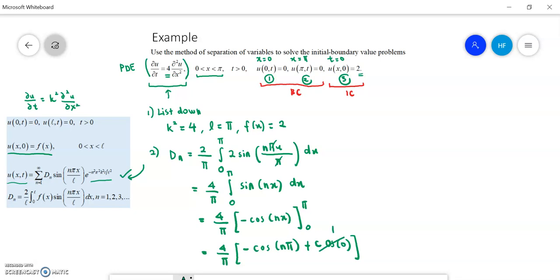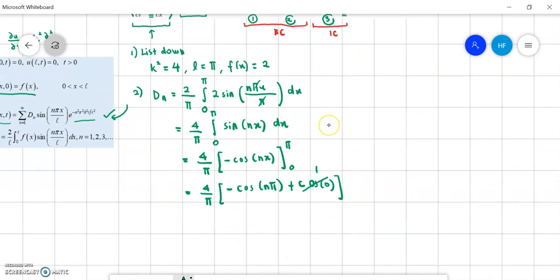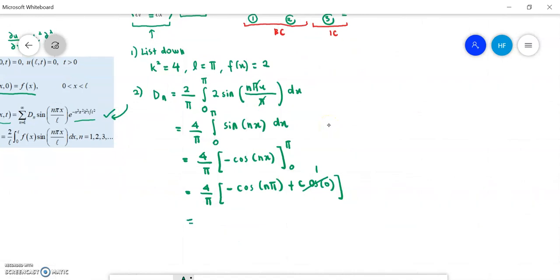We can rewrite this as 4 over pi times negative 1 to the power of n, plus 1. Or we can simplify this. We know that when n is equal to 1, we get negative 1 plus 1, which will be 2.